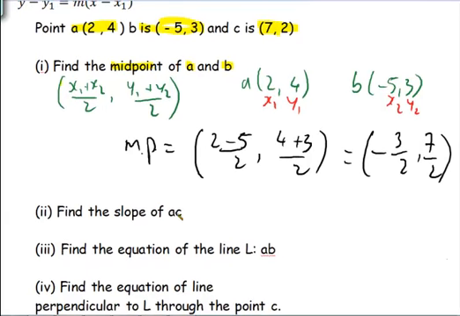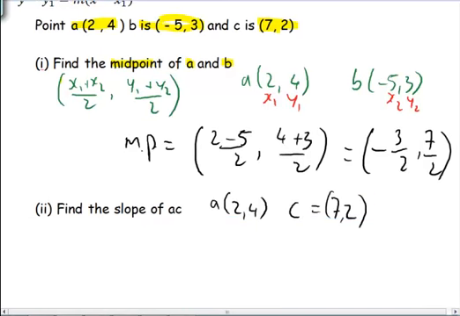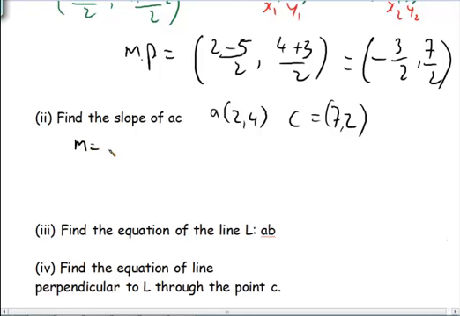Now the slope, for the slope we're going to be using slightly different points. We're going to be using A, which is 2, 4, and C, which is 7, 2. Again, make a bit of space there and write out the formula, the slope formula. It's y2 minus y1 over x2 minus x1.